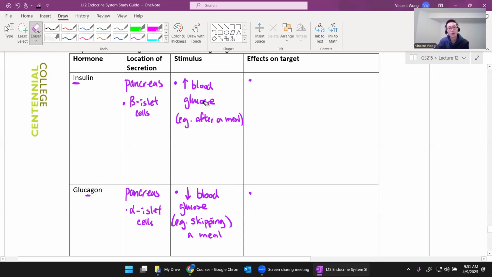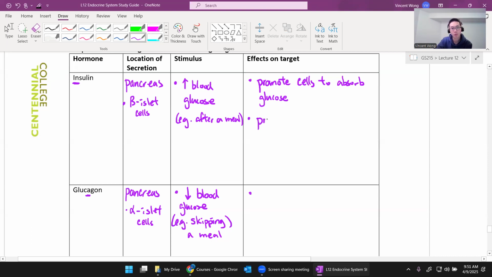Okay, what do we do with all the extra glucose? Well, the insulin is going to promote cells to absorb glucose. Take them up, use them in cellular respiration, make ATP. Be happy about it. Perhaps you ate a little bit too much. What are we going to do with the extra glucose?